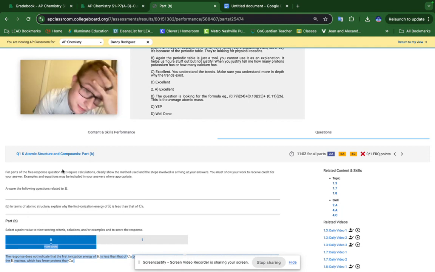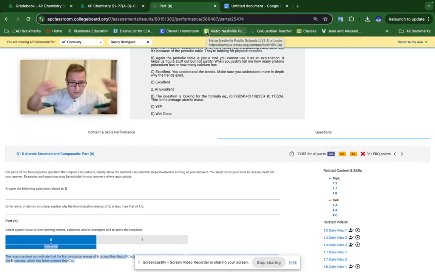I'll tell you, a lot of people miss these 2 questions. A lot of people used the periodic table for an explanation. This is not enough. In fact, if you go back to my notes, I have in large bold words: you cannot use the periodic table as justification for an answer. If the question is asking for justification, you need to tell me why based off the science, not on a table that we use, okay?